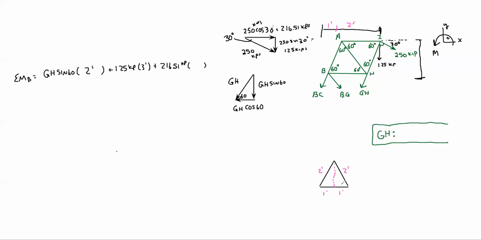There are a couple ways to go about it. Probably the easiest way is using trig. I could use the Pythagorean theorem, but I don't feel like it. So that's 60. That's 2. This length here is 2 times the sine of 60, which is 1.7321 feet.